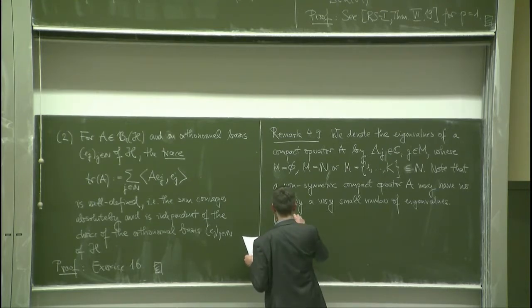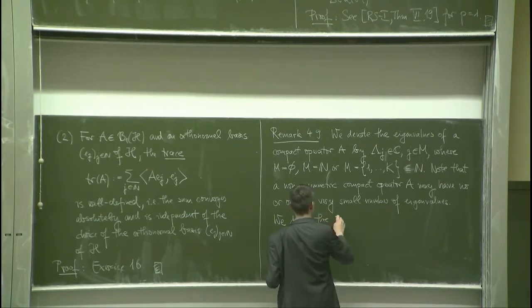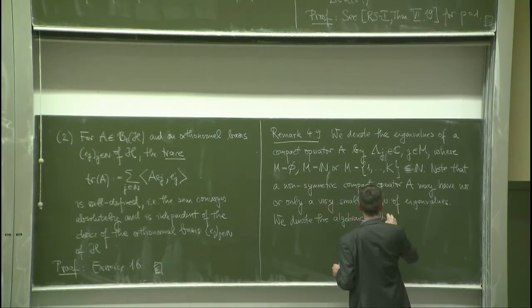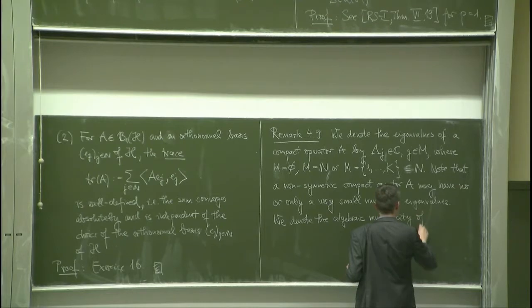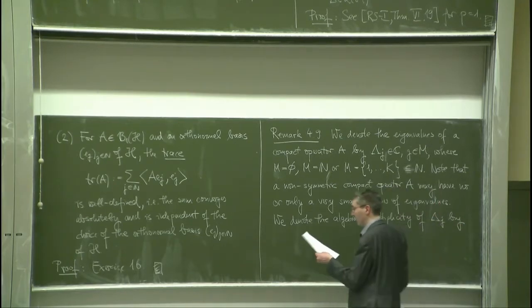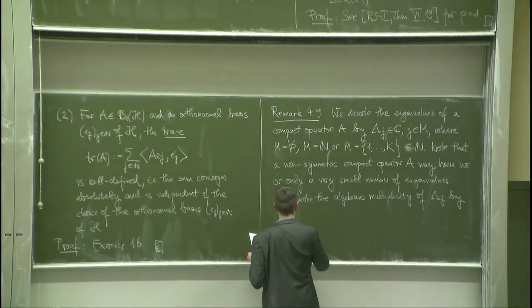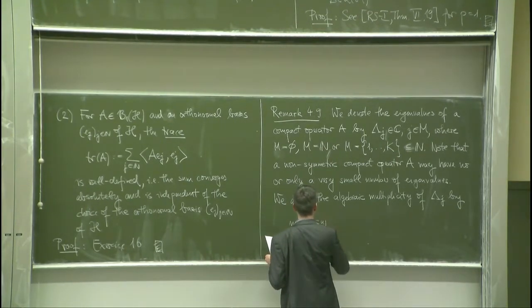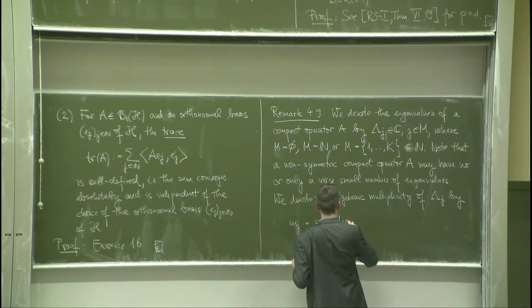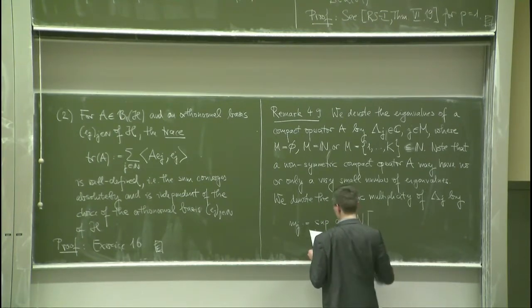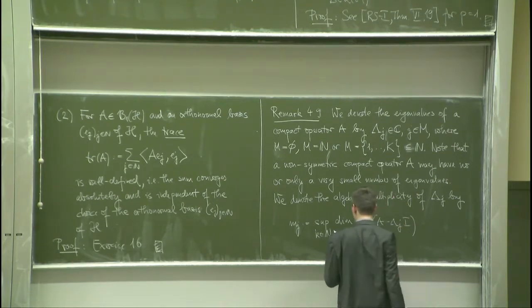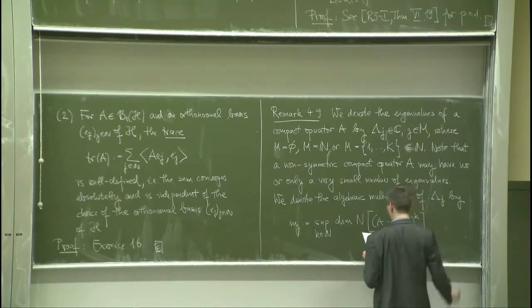We denote the algebraic multiplicity of lambda j by m_j, which I define as follows: I take the supremum over k in N of the dimension of the null space, so the kernel, of the operator A minus lambda j times the identity, to the power of k.